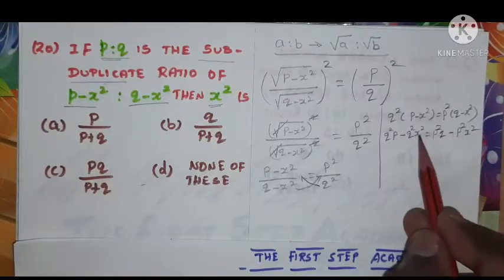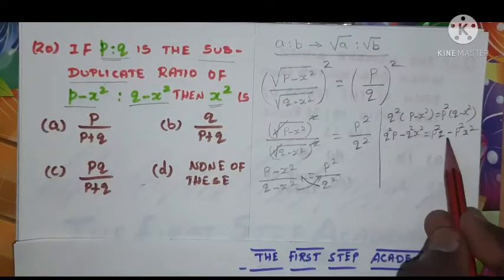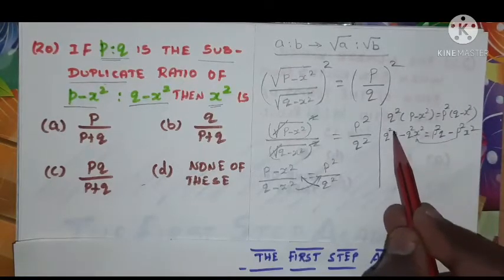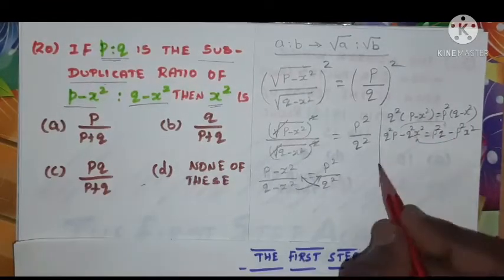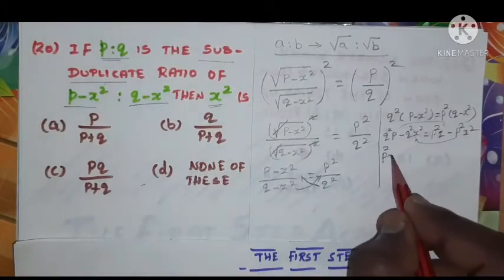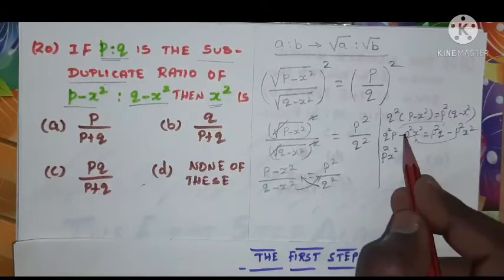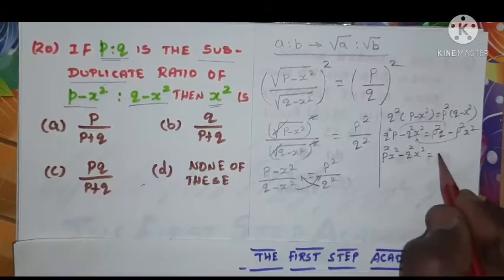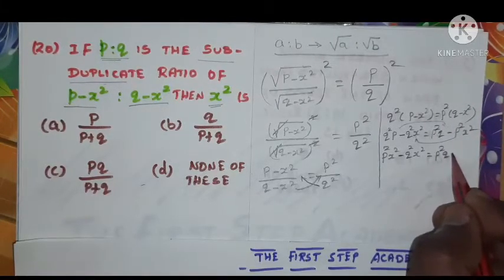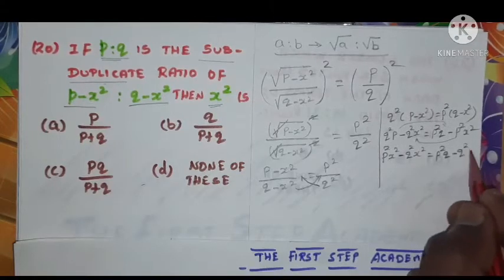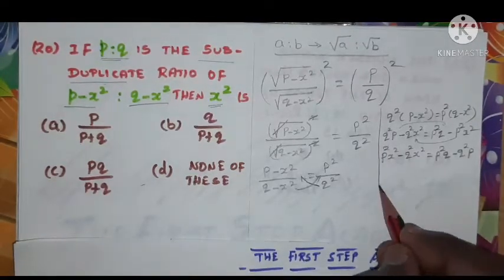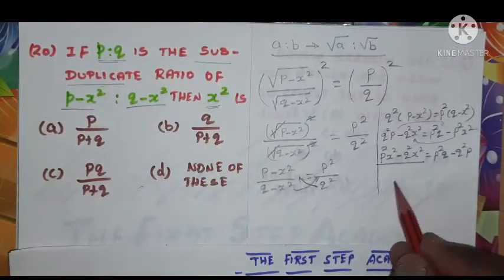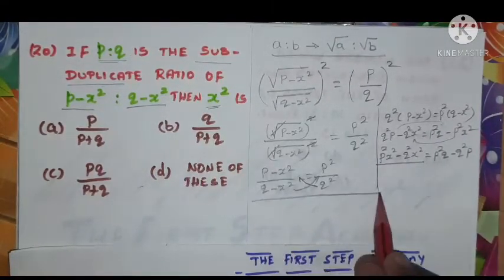Now what we have to do? We have to bring all x squared to one side and all other parameters to the other side, right? Hence I am bringing P squared x squared to the left hand side and Q squared P to the right hand side. Hence P squared x squared minus Q squared into x squared is equal to P squared into Q minus Q squared into P. Now look at these two terms. x squared is common, hence I am taking it outside.